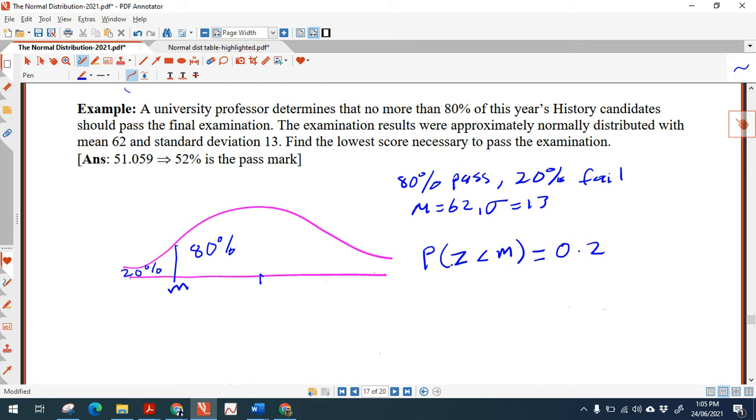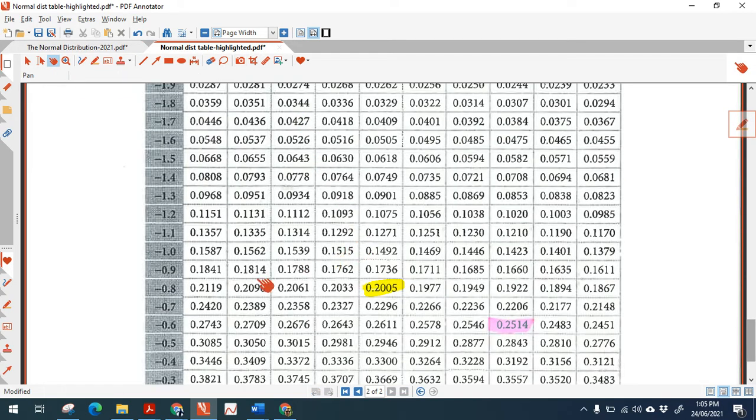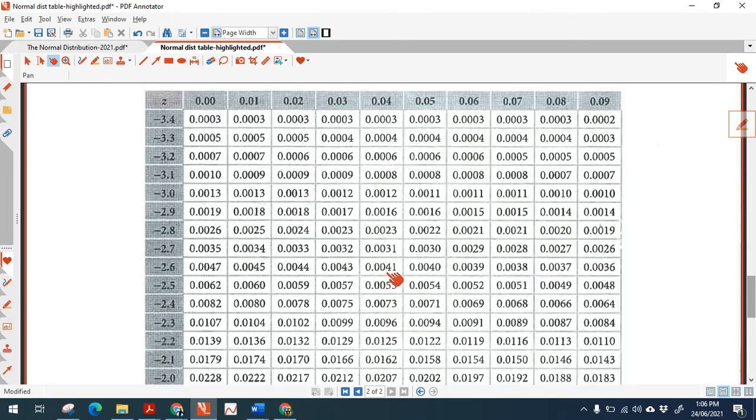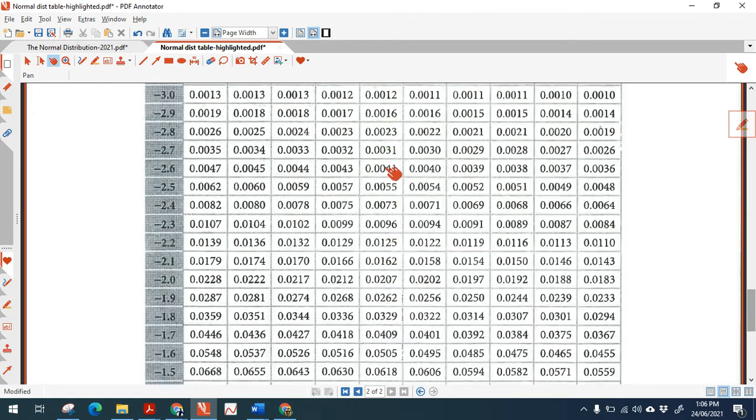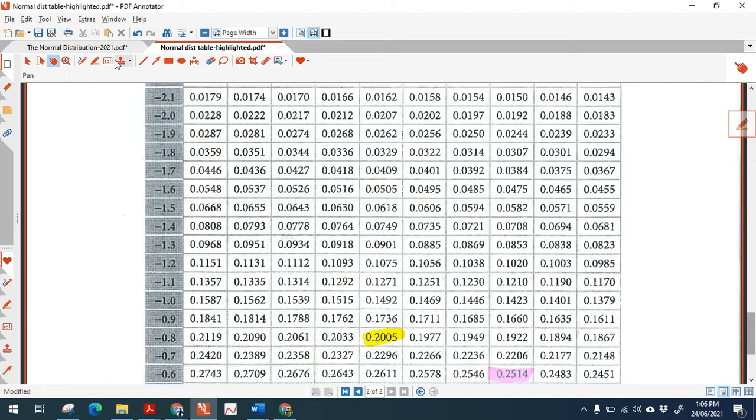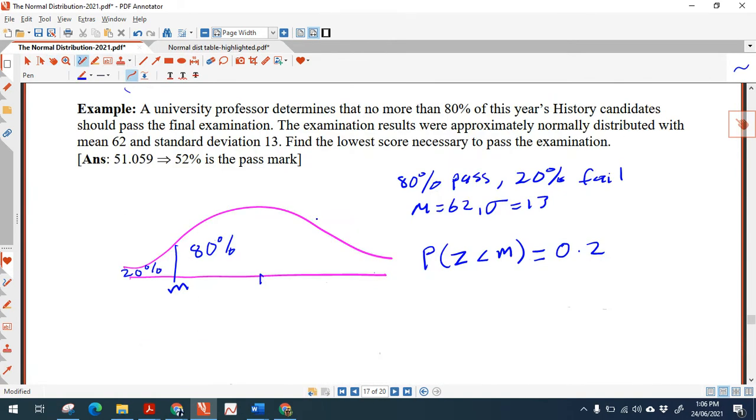So let's go to the table. We can see that this is very, very close to 0.2. It's 0.2005. So this is negative 0.8, and then the second decimal place will be 4. So negative 0.84. So I'm going to write that down.